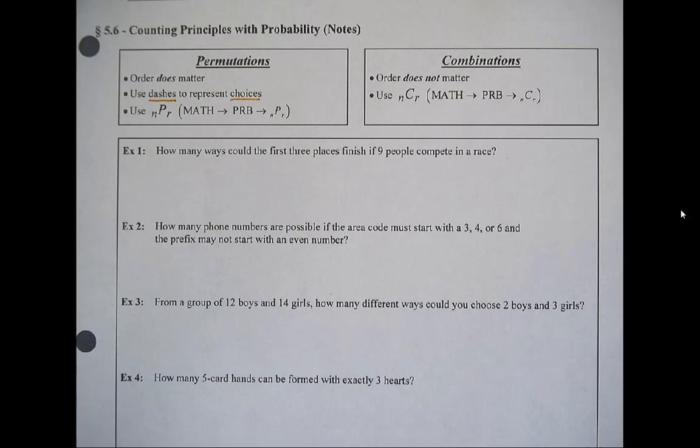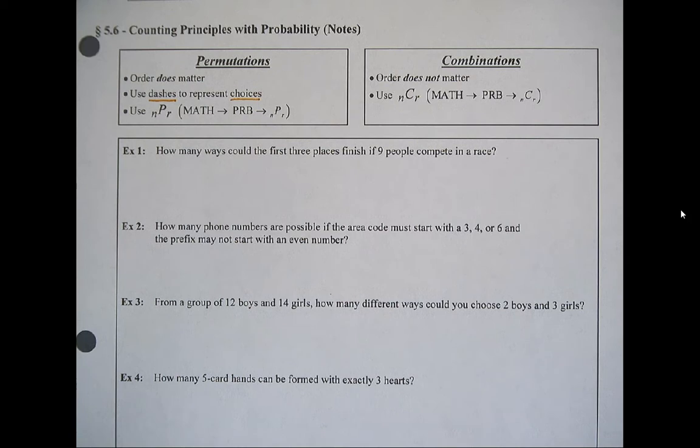So if I got first, Usain Bolt got second, and Wojo got third, that would be counted the same way as if Wojo got first, Bolt got second, and I got third. So you have to first decide, does order matter or does order not matter? So how many ways could the first 3 places finish? That means order does matter.